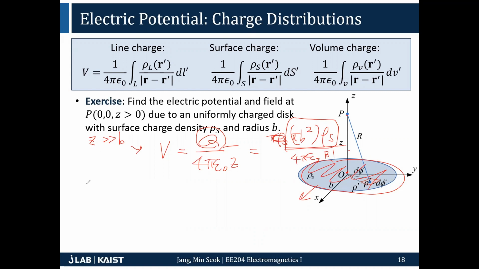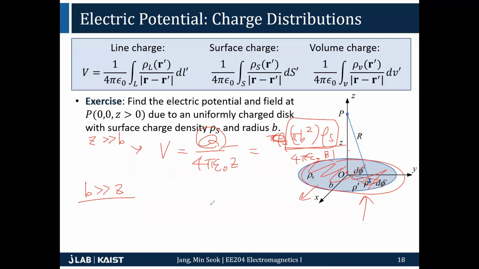And what about the other case, b much larger than z? What does it look like in that case?